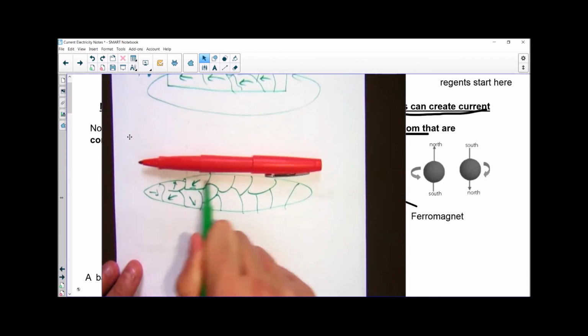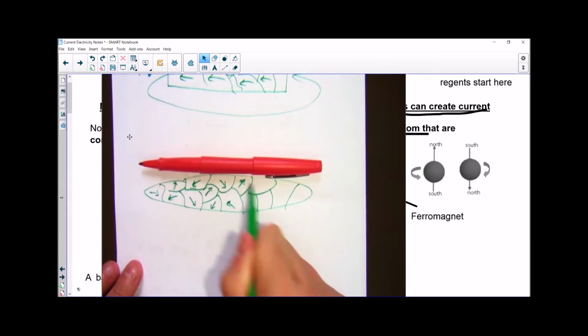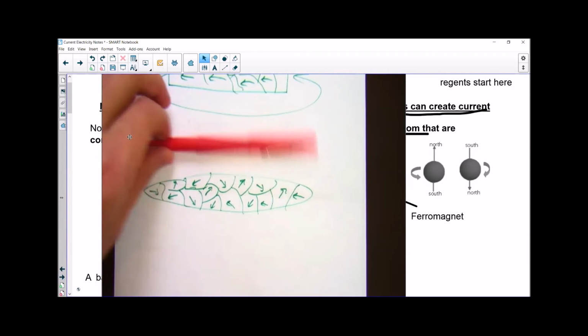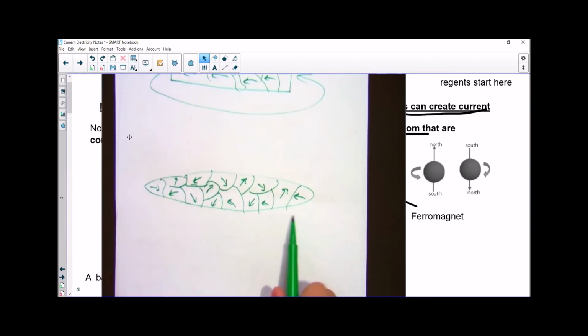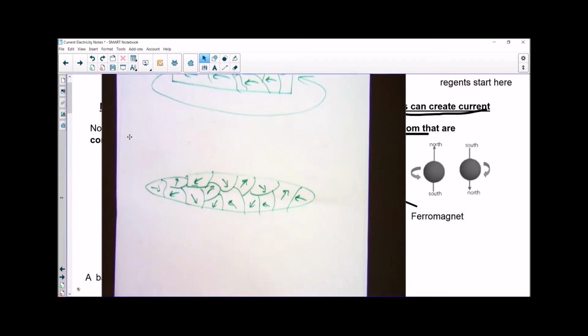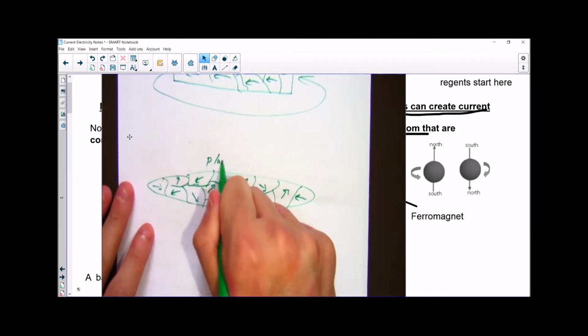Every electron is spinning in a completely different way due to the bonds that occur in it. And so the net result of all these tiny magnetic fields is that no net magnetic field lines are created. This is like a piece of plastic.